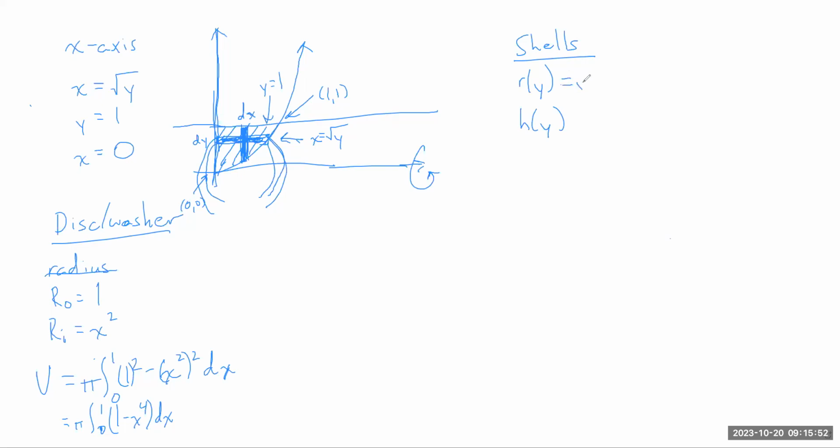Should be y, right? I'm rotating around the x-axis, so as y changes, the distance from the thing I'm rotating around is going to be given by y. So my radius should be that y.